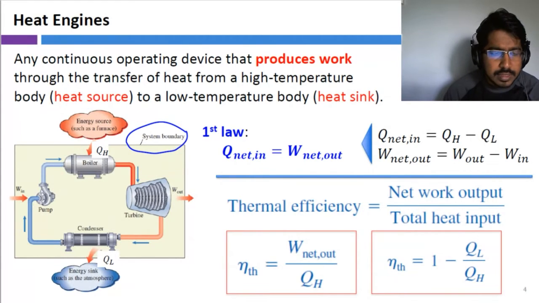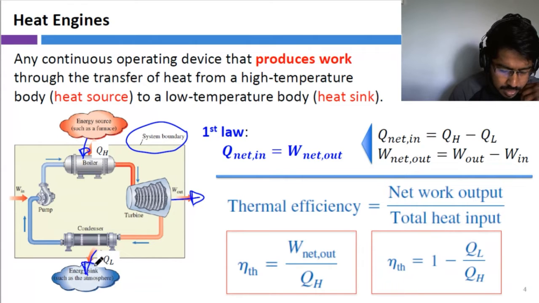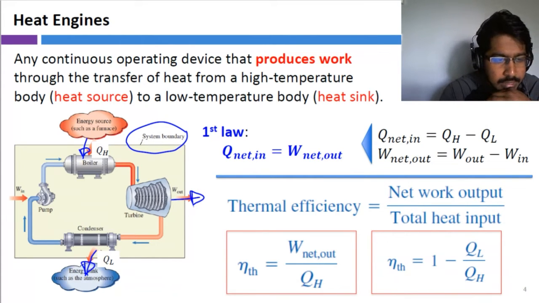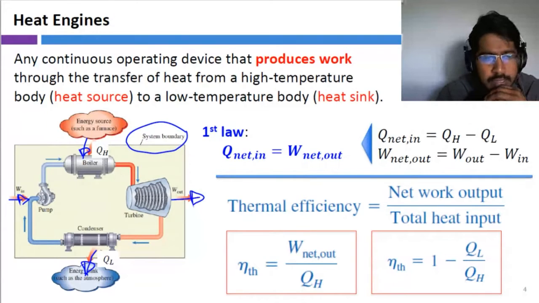So if we define our system boundary as seen here, we can see that there's a heat input QH coming from the energy source, and then there's a work output leaving here, and then some of the heat is rejected to the heat sink, and then at the pump there's a work input, right? There are 4 components.